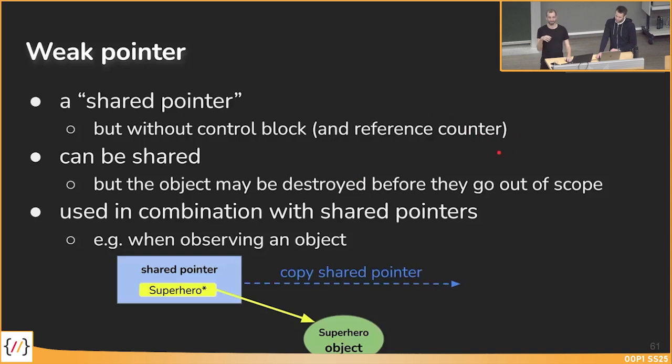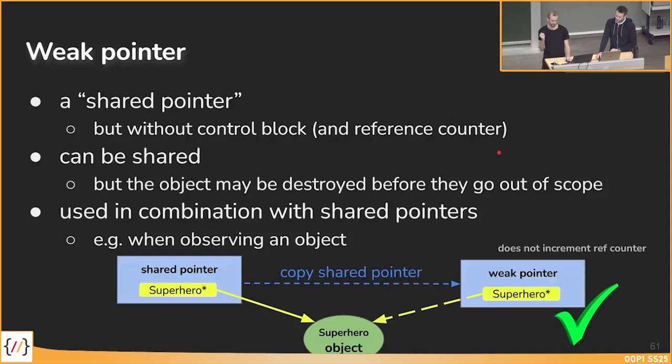So you can create kind of a copy of a shared pointer and store it in a weak pointer, but this will not increment the ref counter, which means you're not always sure if this still exists, and you should most likely use it with caution because it might not exist anymore.